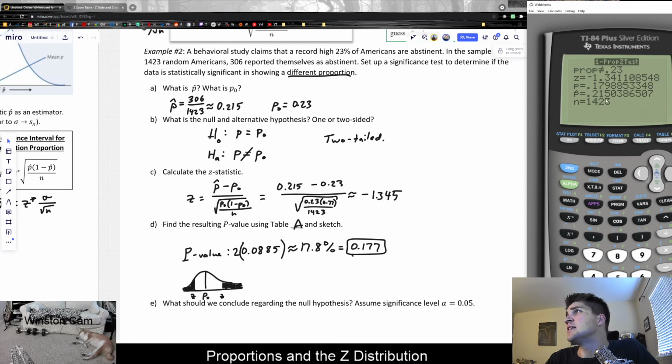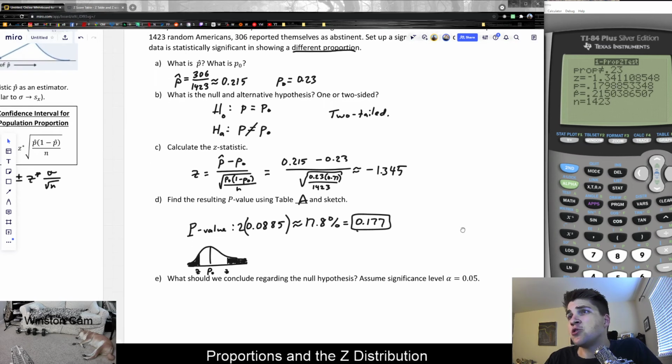And what it gives us is our z-score, which is a little different than what we calculated. Most likely because we rounded this a little bit as well. Again, if you want to be more accurate, just use a fraction, don't round. And it means our p-value was slightly off, but close enough at the end of the day.